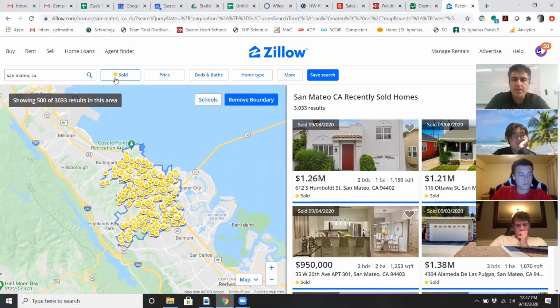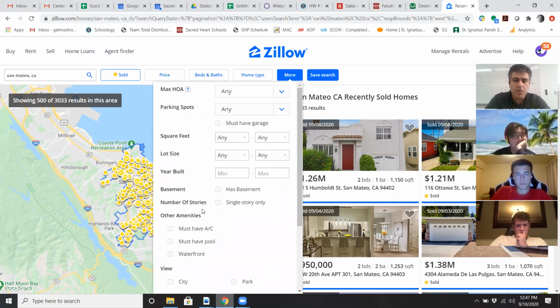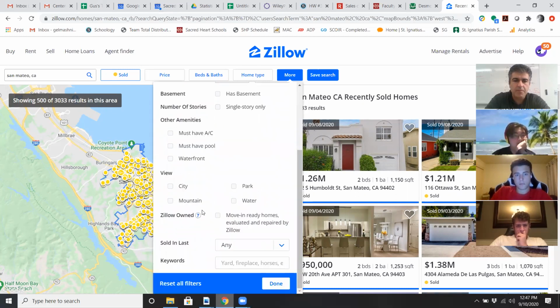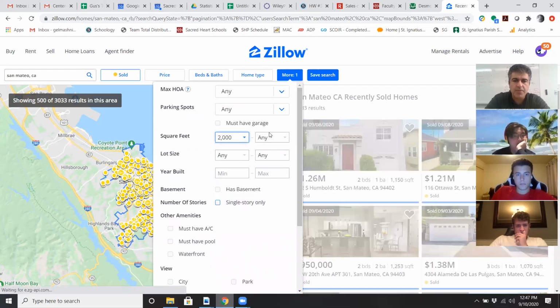But we're going to make our data a little bit tighter. So let's say we're looking at homes that sold in a certain square footage range.